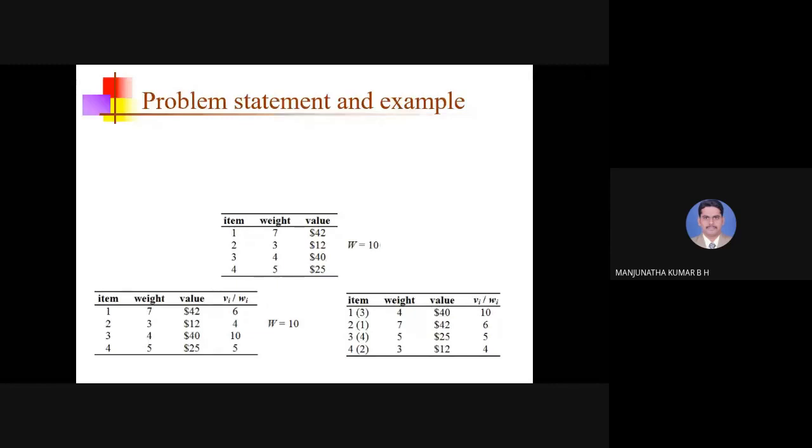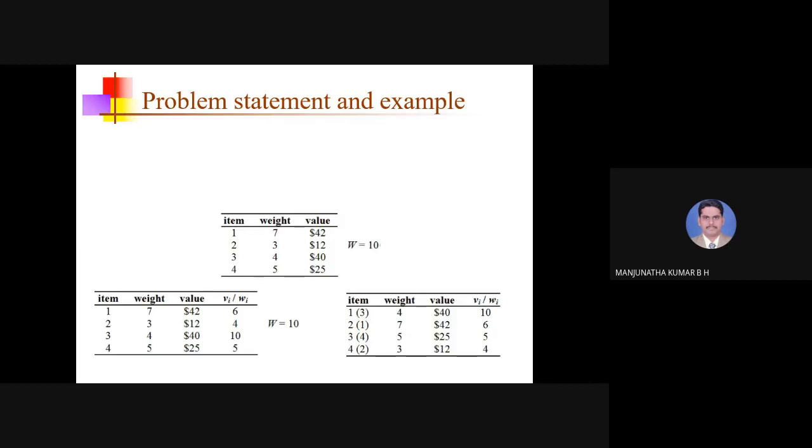This is the profit weight ratio calculation. After calculating the profit weight ratio, arrange the items in the descending order of their profit weight ratio. Now observe here. In the given problem, the third item's ratio is 10, the next best one is 6, that is the first item, the next best is 5, the fourth item, and the last one is 4, the second item.